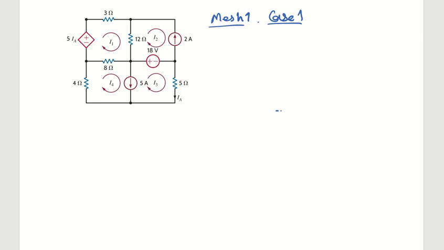So let's write the equation for mesh number 1. It has all the unknowns, I1, I2, I3, and I4 in the equation. The coefficient for I1, when I'm writing the equation for mesh number 1, is all the resistors connected in that mesh, which here is 3, 12, and 8. So 3 plus 12 plus 8.